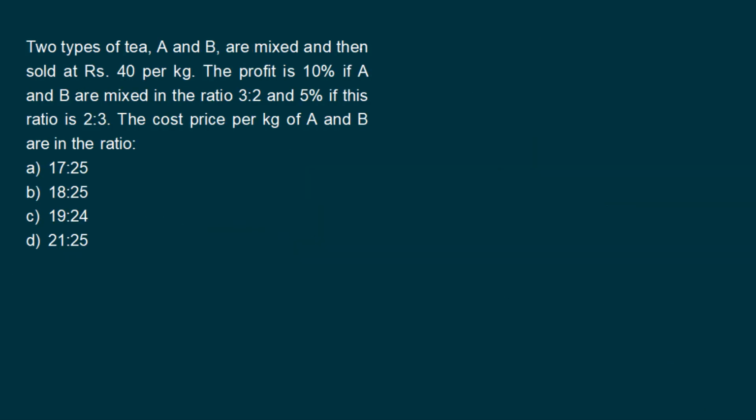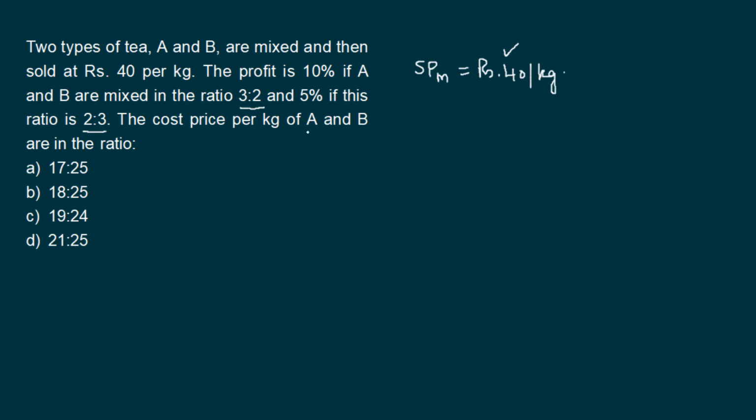Two types of tea, A and B, are mixed and then sold at rupees 40 per kg. Selling price of the mixture is rupees 40 per kg. The profit is 10% if A and B are mixed in the ratio 3:2, and profit is 5% if this is mixed in the ratio 2:3 and sold at rupees 40 per kg.